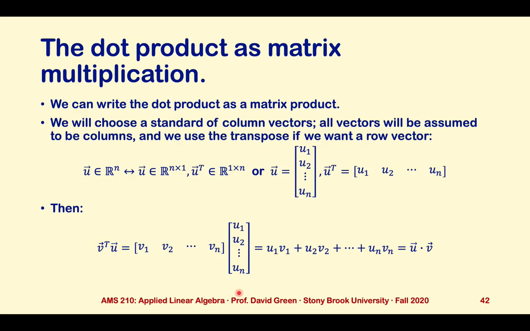Because there's only one row on the left and only one column on the right, we end up with a 1 by 1 matrix, which is essentially a scalar, only one answer. And what is that answer? It's the answer we get from walking along the row and the column, multiplying corresponding entries, and adding them up. v1 times u1 plus v2 times u2, and so on. That is the dot product.